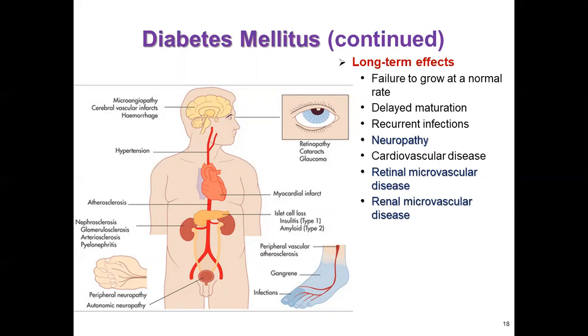It is important: if children's or pediatric diabetes mellitus is not under control, failure to grow, delayed maturation, recurrent infection, neuropathy, vascular disease, retinopathy or retinal microvascular disease, or renal microvascular disease develop. We call them nephropathy, retinopathy, and neuropathy.